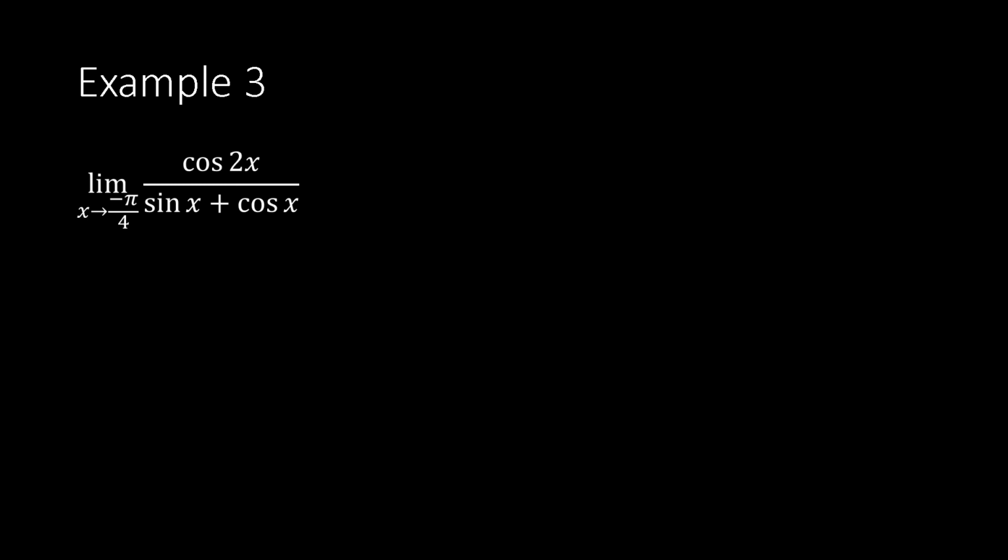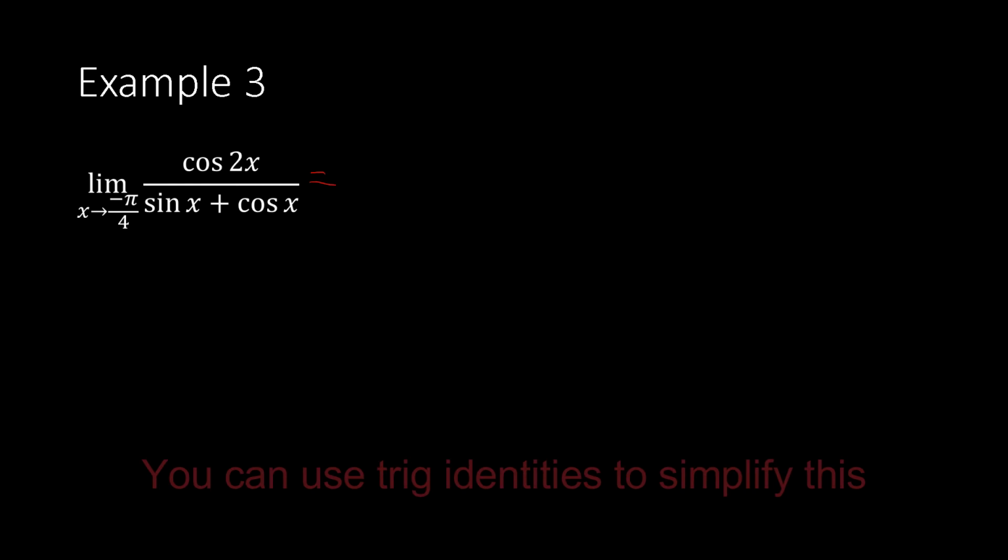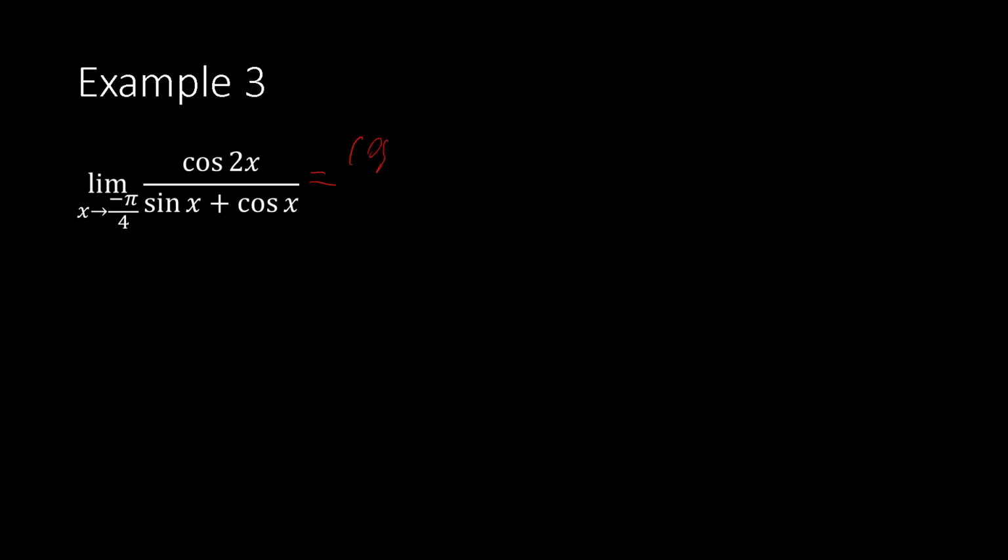Okay, so as I said, whenever you see trig, the first step is always to expand everything using trig identities. So here I see this cosine of 2x. I'm going to use the trig identity cosine of 2x equals cosine squared of x minus sine squared of x.